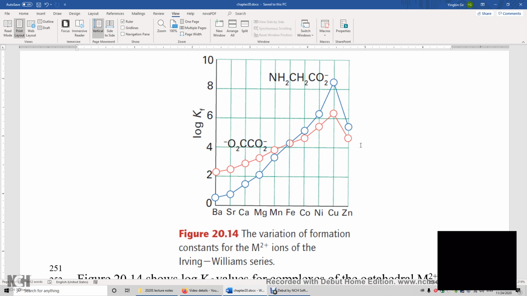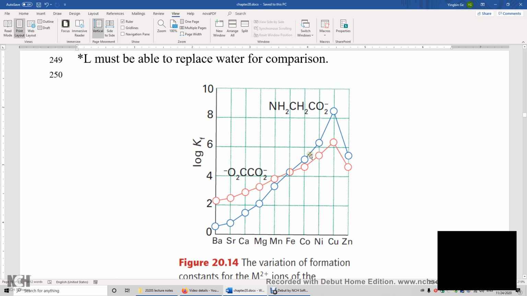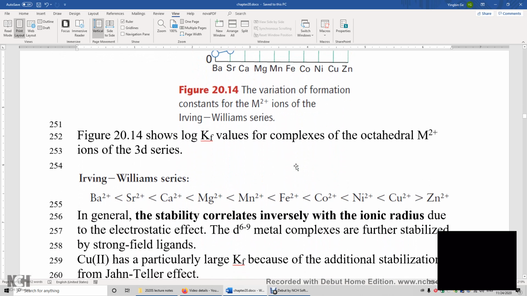Therefore, the formation constant of zinc 2+ is smaller than that of copper 2+, and also smaller than that of nickel 2+. This trend is more obvious when you have strong field ligands, because when you have strong field ligands bonded to the transition metal, the LFSE is more significant.